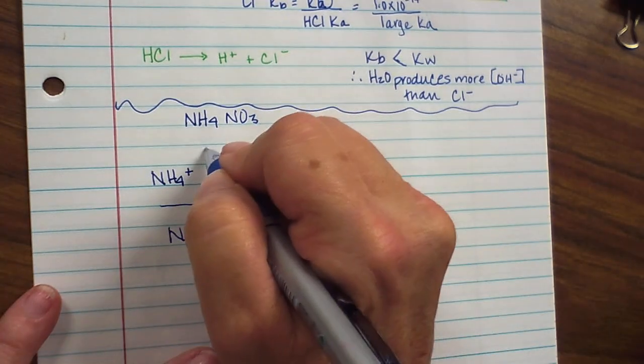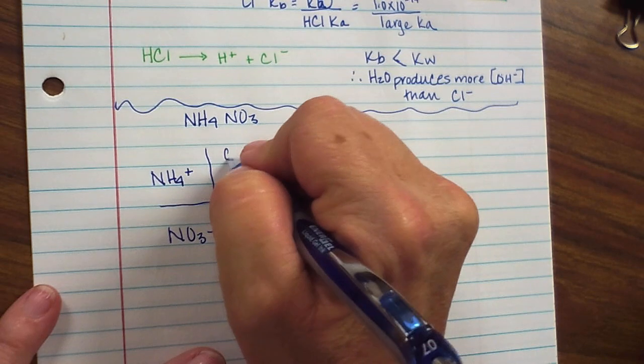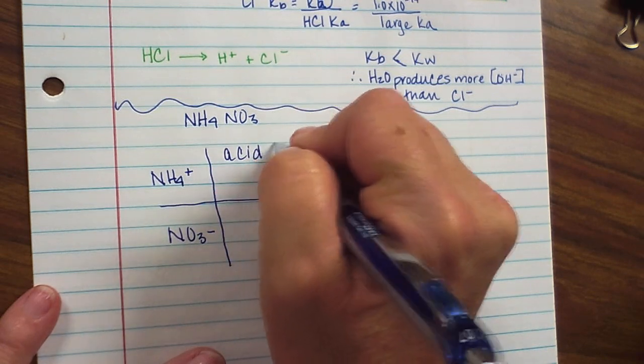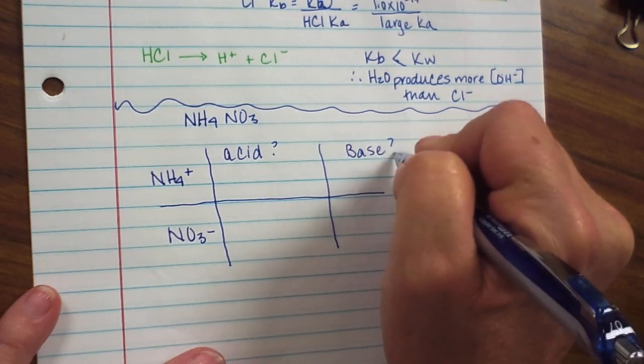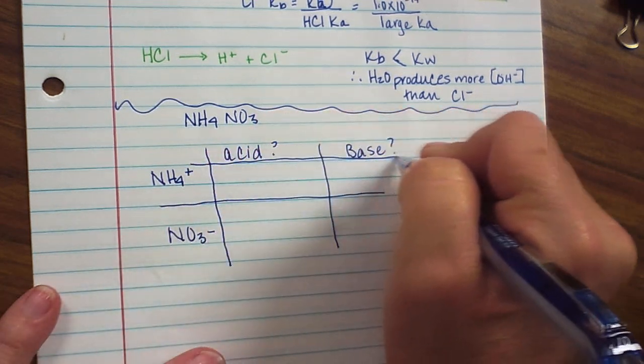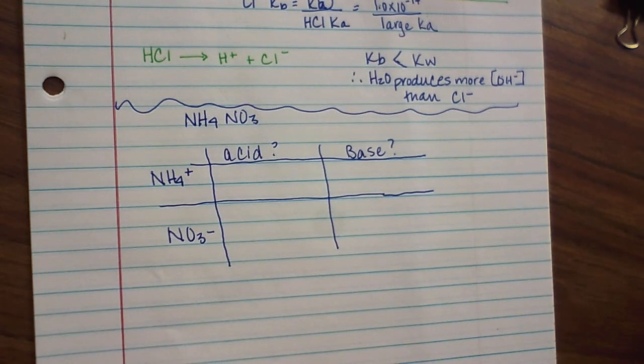I'm going to draw my boxes. And I'm going to say, is this one an acid? And is this one a base? Now remember the criteria. Bronsted-Lowry acids have hydrogens to donate, and Bronsted-Lowry bases are proton acceptors.